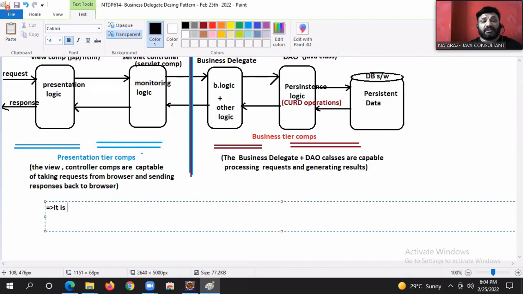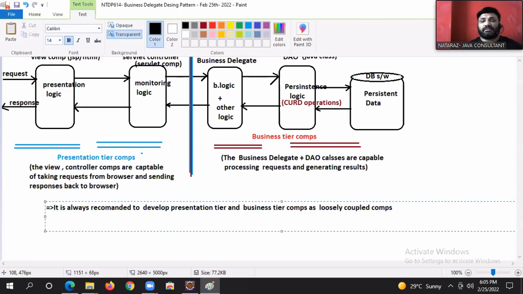It is always recommended to develop presentation tier and business tier components as loosely coupled components.